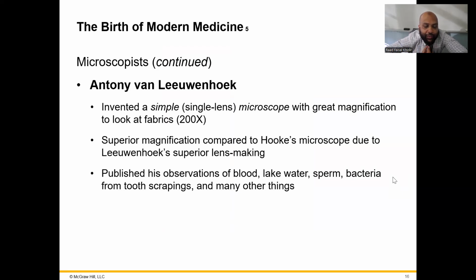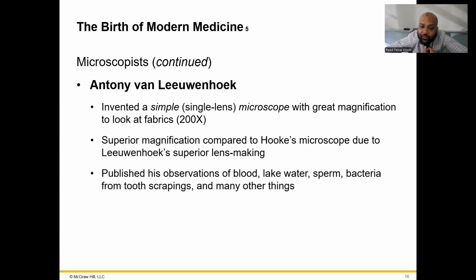Then Anthony van Leeuwenhoek, and he was the one who really took the microscope to the next level in the birth of modern medicine. So he invented a simple single lens microscope with great magnification to look at fabrics, 200 times magnification.